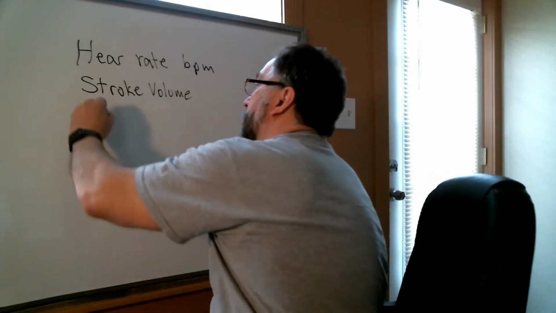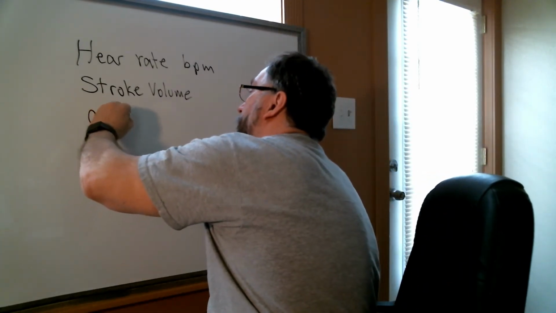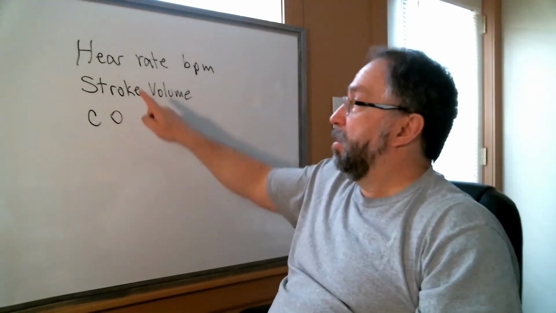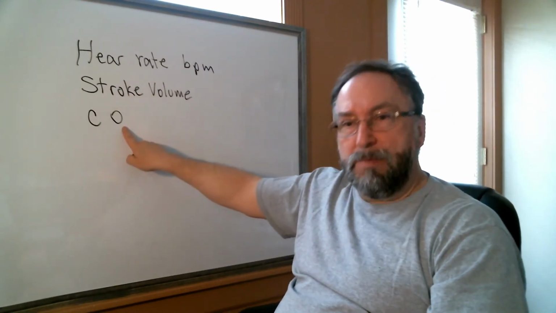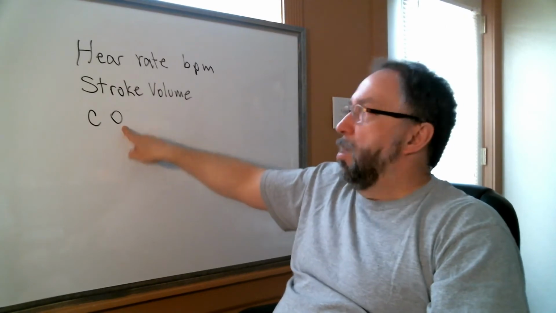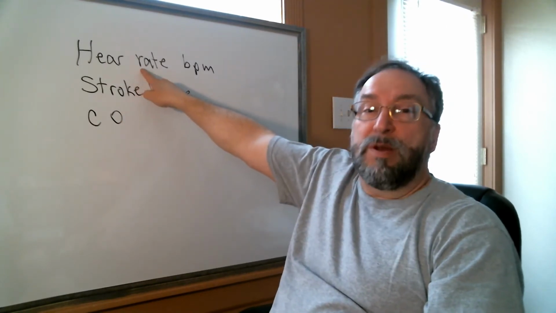Volume out. So stroke volume, cardiac output. I'm just going to put CO there for cardiac output. And that is the amount of blood put out in 1 minute. So this is the amount of blood put out for every beat. This is the amount of blood put out in 1 full minute. And this is the amount of beats you have in 1 full minute.